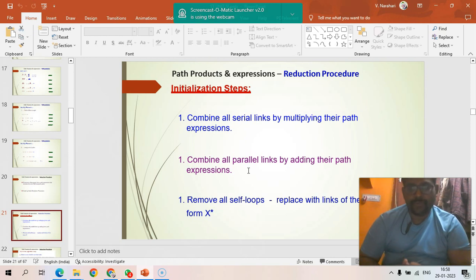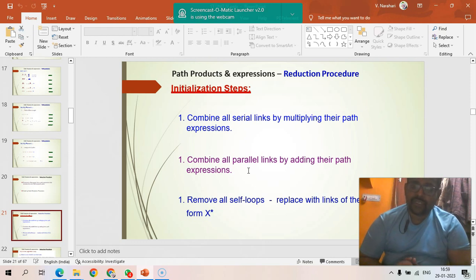Whenever in the process of reducing the nodes there exist any serial links, then we will apply the path product. And second, whenever we see parallel links between two nodes, which will occur in the process of reduction, then we will apply the path sum.